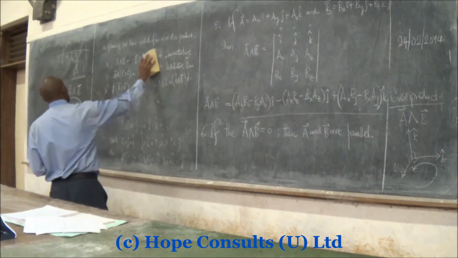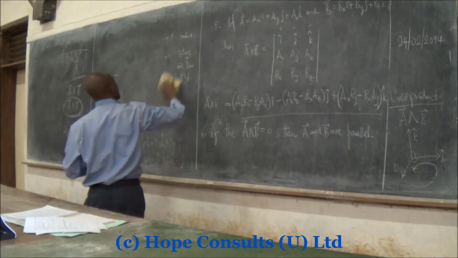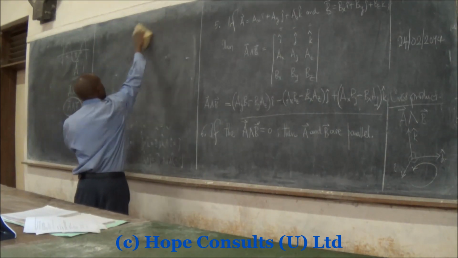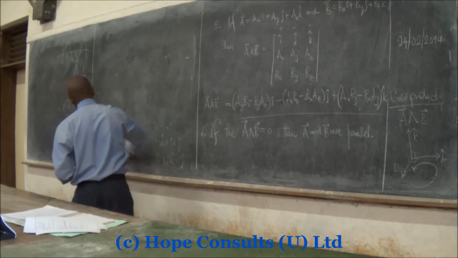When we have distance, if we know how the distance has been varying, we can differentiate it and get the velocity.